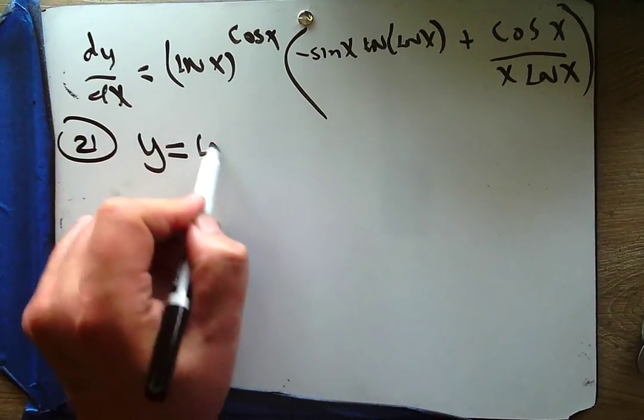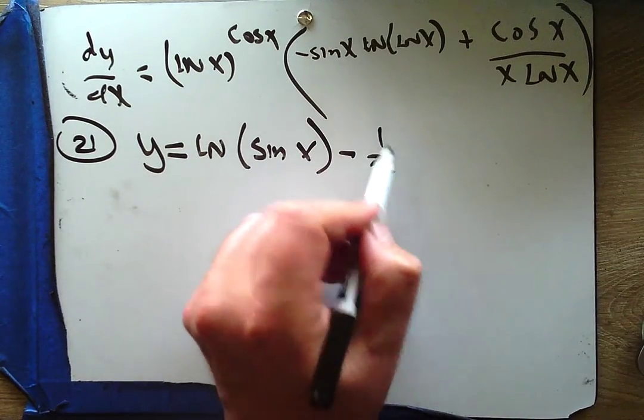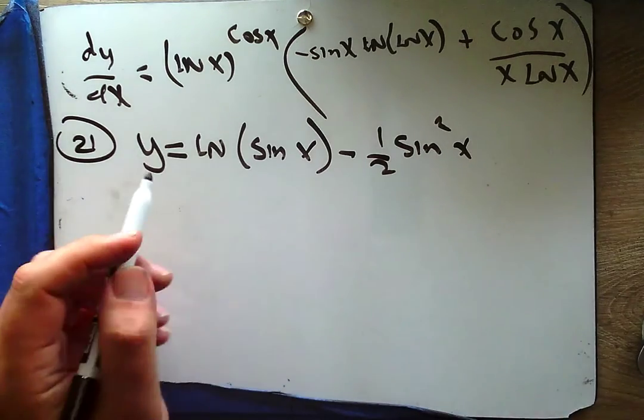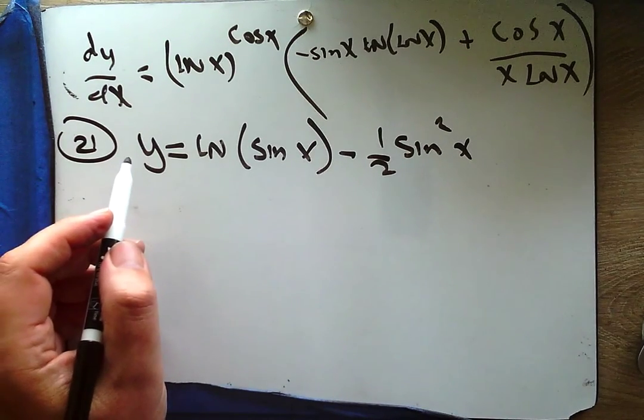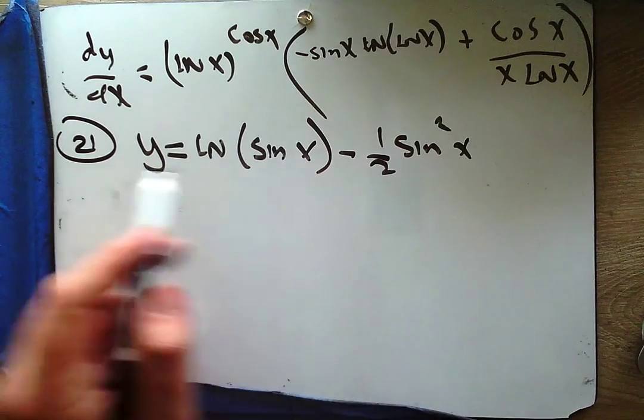y equals ln sine x minus 1/2 sine squared x. All right, what you got going? Do we have anything else? Yeah, that's it.